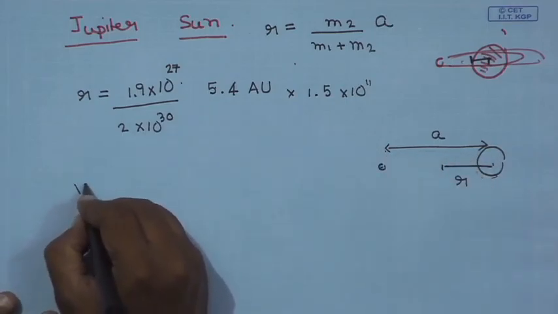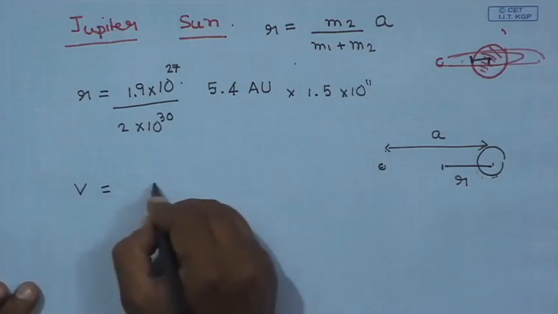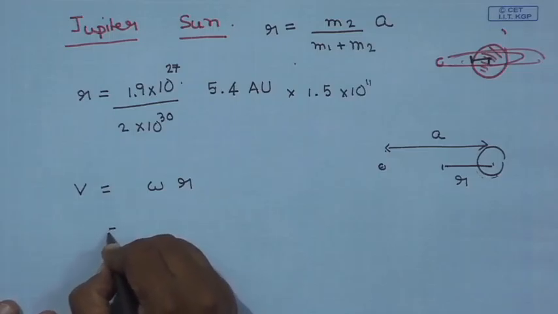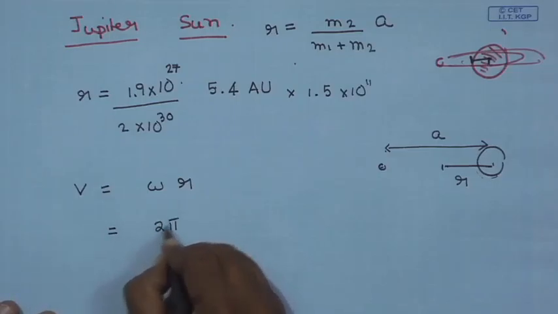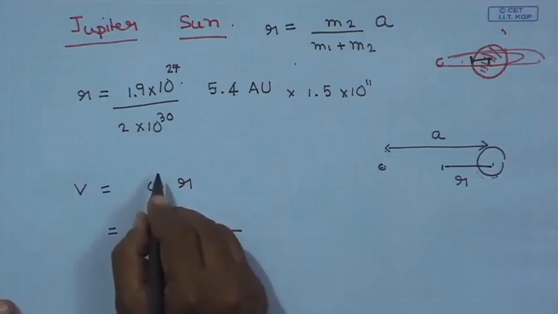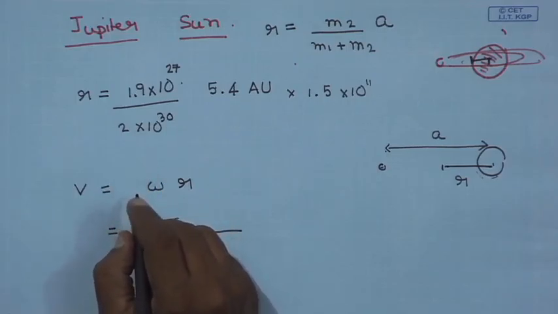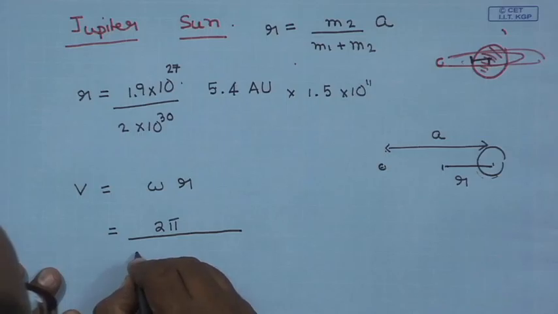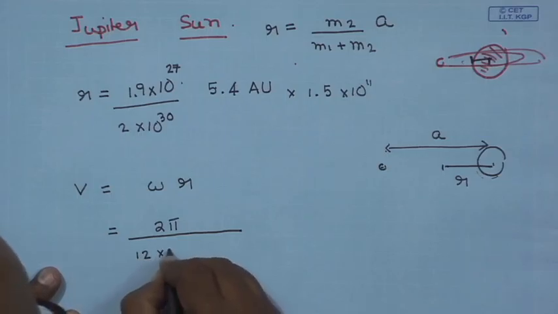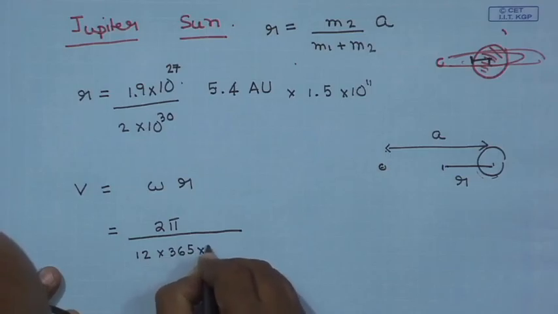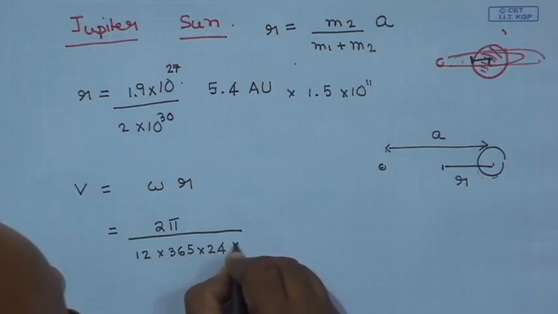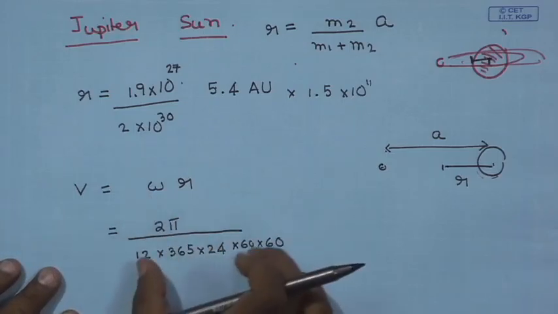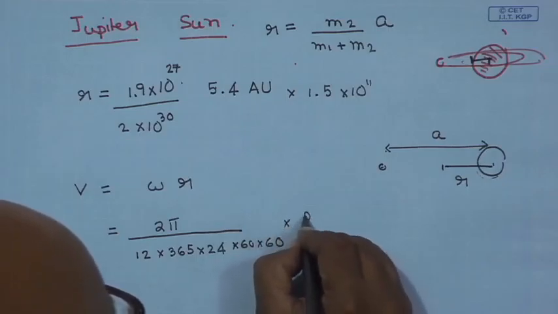What we need is the velocity of the Sun, which is going to be omega into r, and omega is 2 pi divided by the period. We know that Jupiter has a time period of 12 years, so it is 12 into 365 into 24 into 60 into 60 seconds. So, omega is 2 pi by the period of Jupiter, into r from here.